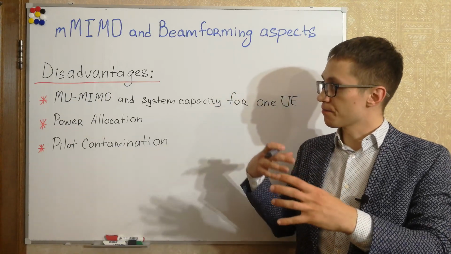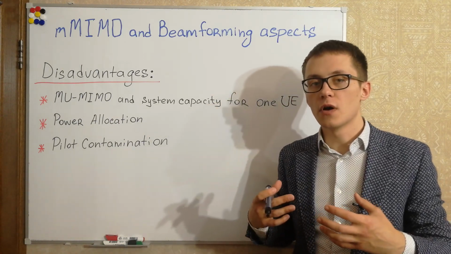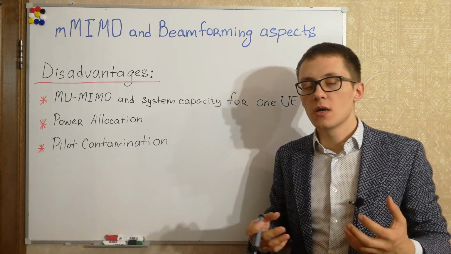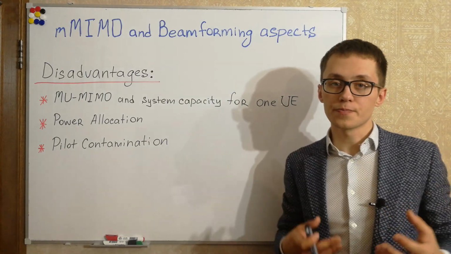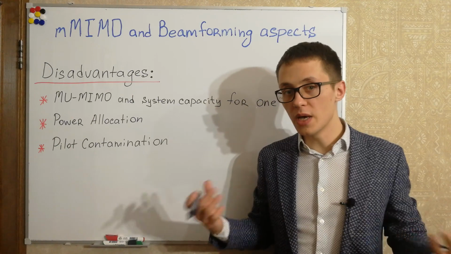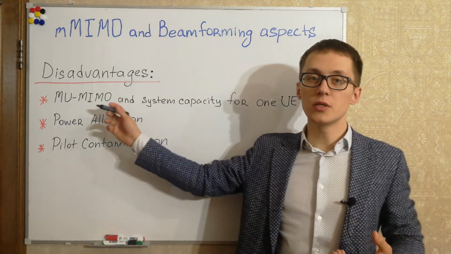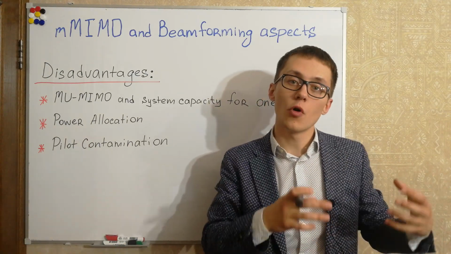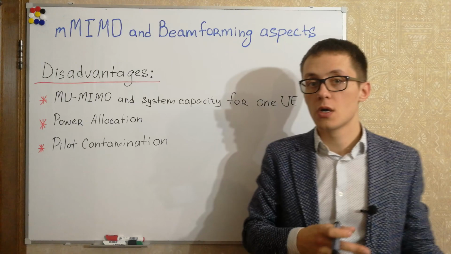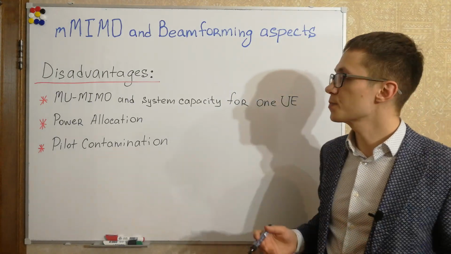But in case of burst traffic, in case of texting, messaging, these users will not gain benefit from such multi-user mode, because again, multi-user MIMO is more about network throughput, more about cell throughput than user equipment peak rates.